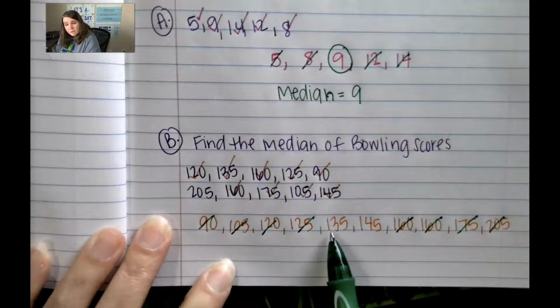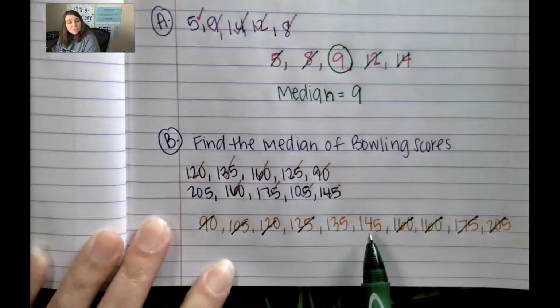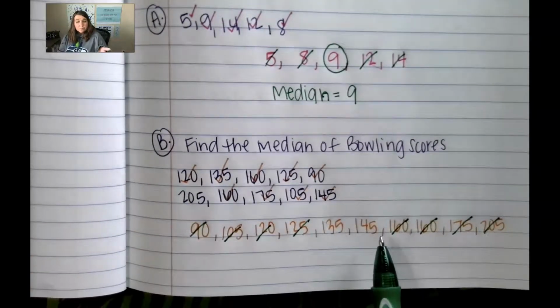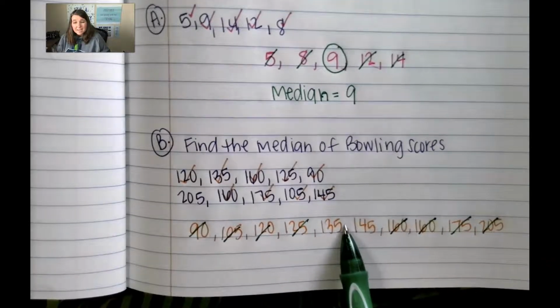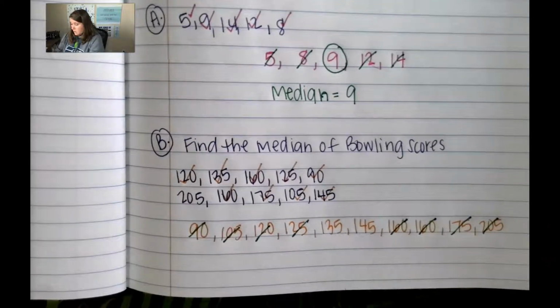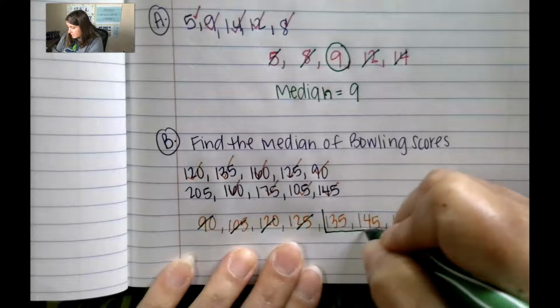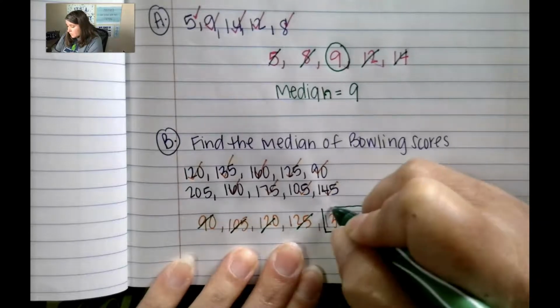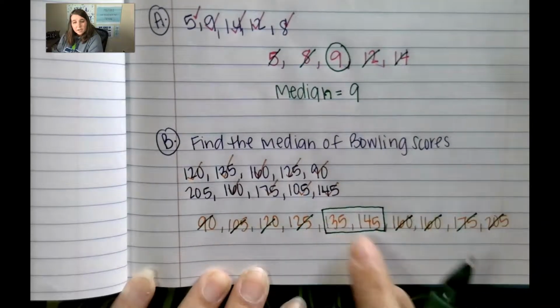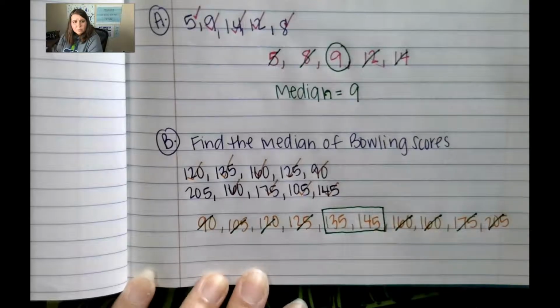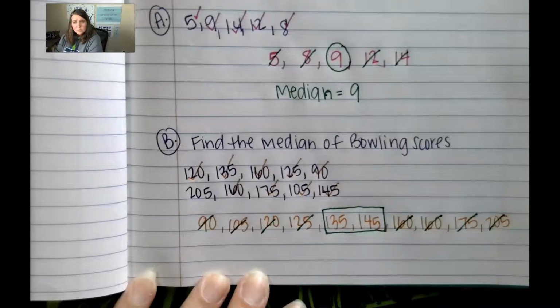Okay, if I cross off 5 and 5, I don't have a middle number. So my job is to find the number that is right in the middle of these two numbers. So I'm going to use the mean or the average to find what falls right in between those two numbers.